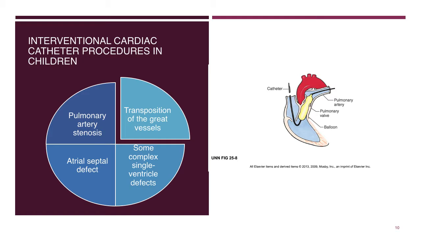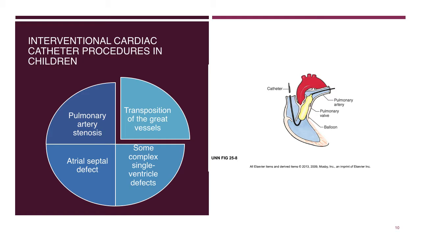So what they would do is to catheterize the vein in the umbilical cord, and that will take them right up to the atrium. And then what they're able to do is to cross over the atrium from the right side to the left side through the foramen ovale.